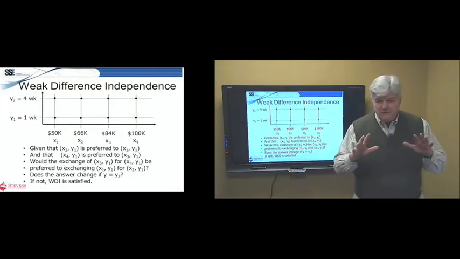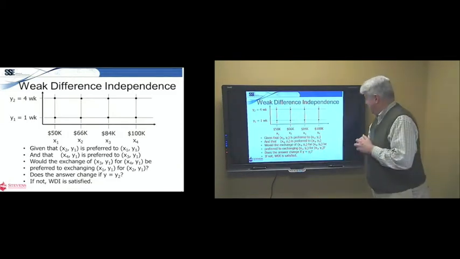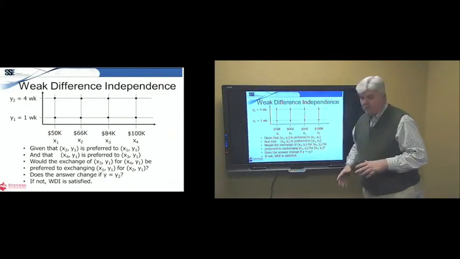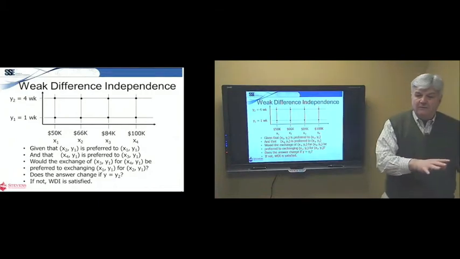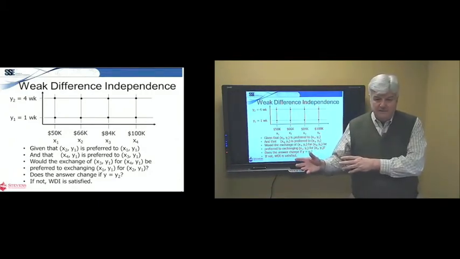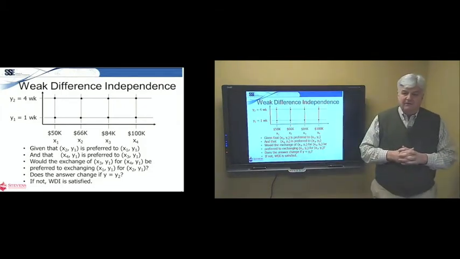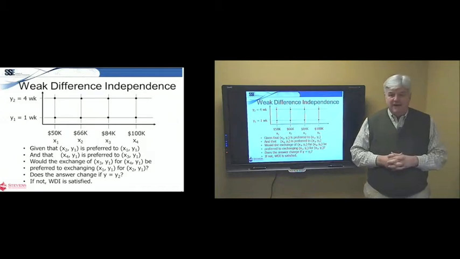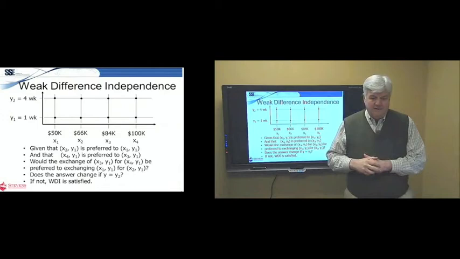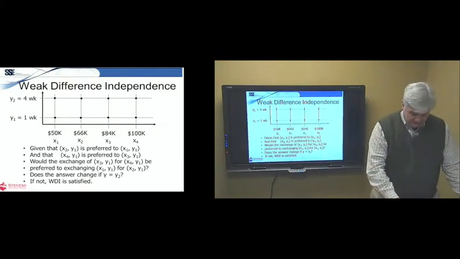You think about this intuitively, what it means is trade-offs among x, right? We're changing x here, x2, x4, x1, x3, right? We're trading off x. If our trade-offs about x depend on the value of y, then we have to have a more complicated analysis, a more complicated model. But if, in fact, they aren't very affected by the value of y, then we get this weak difference independence, and we can get our multilinear function.